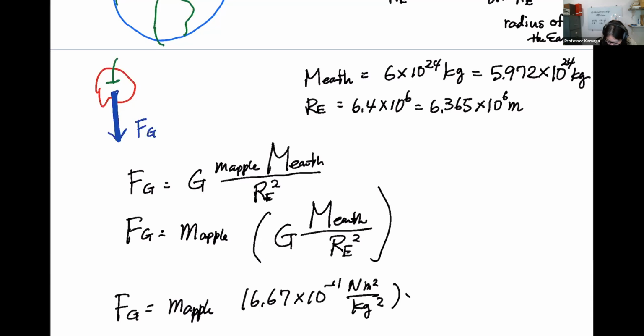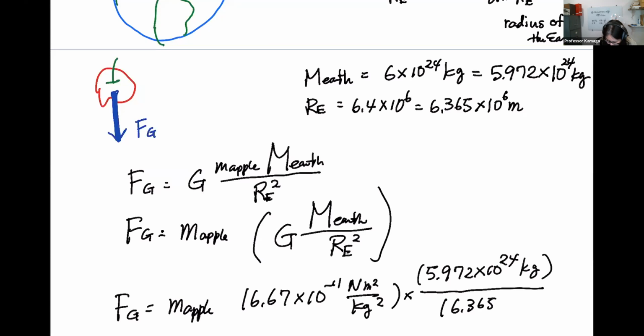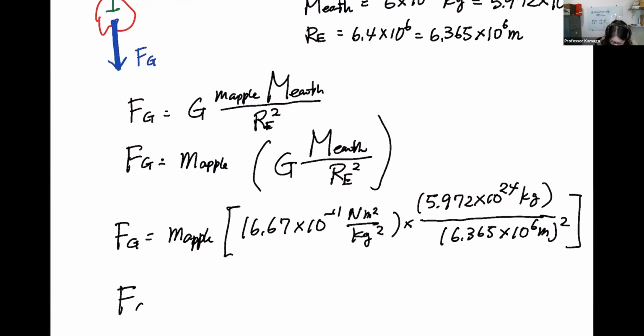And then that times 5.972 times 10 to the 24 kilogram, the mass of the Earth, divided by the radius, 6.365 times 10 to the 6 meter, squared. All right, calculate this. Put these in your calculator.